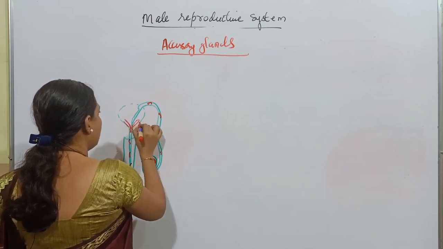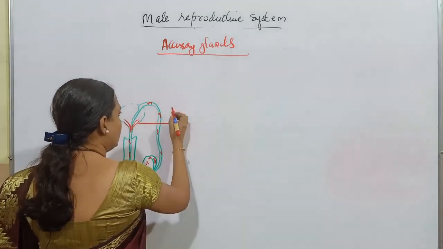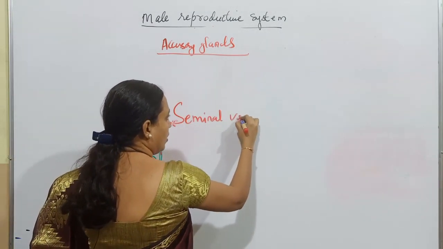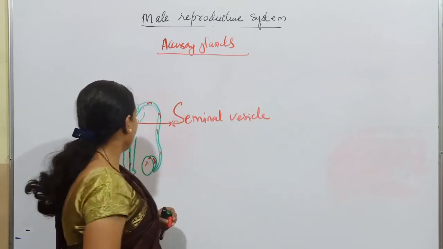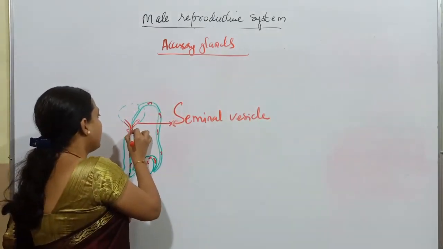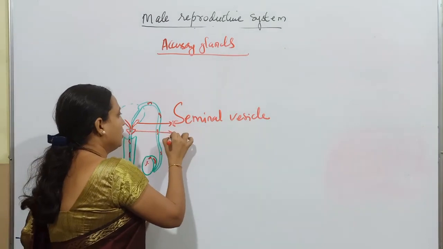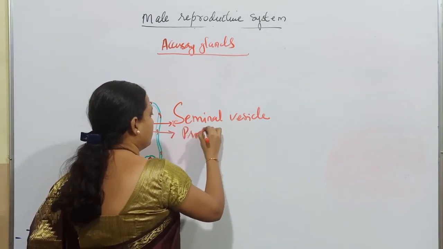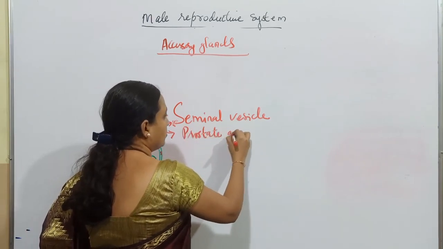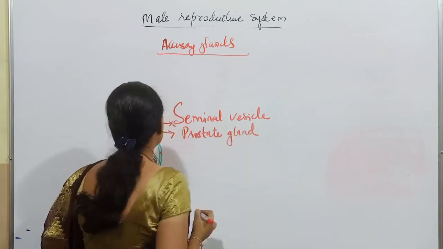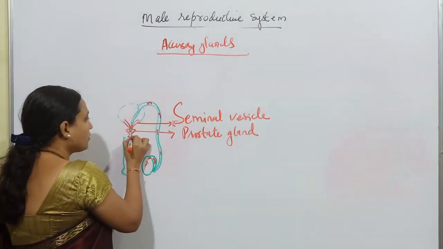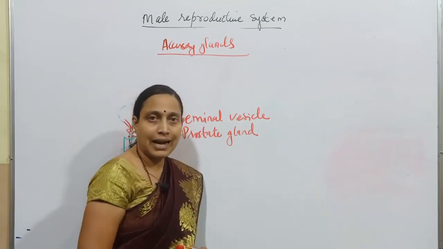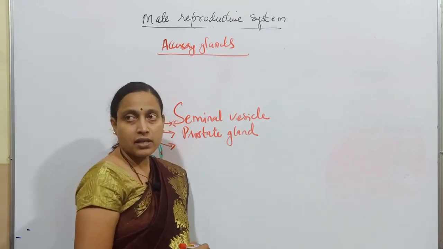This is the gland called the seminal vesicle, and there is the second gland here. This is called the prostate gland. And the third one, the size of a pea, is called the bulbourethral gland, also called Cowper's gland.